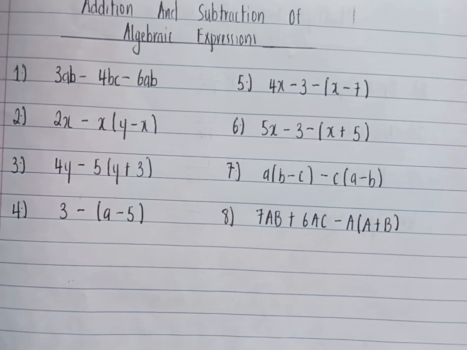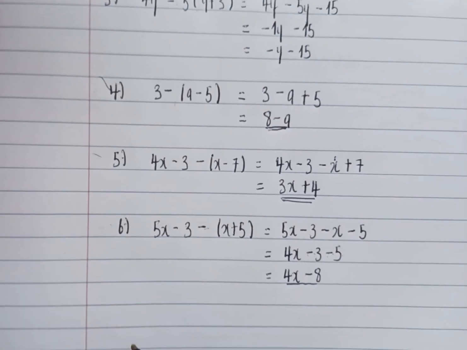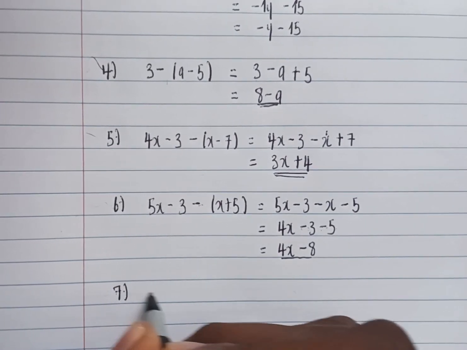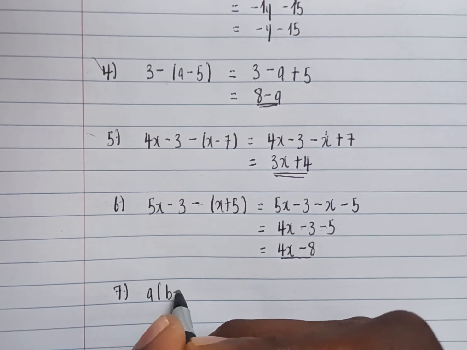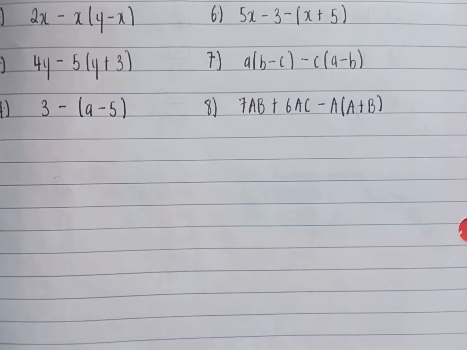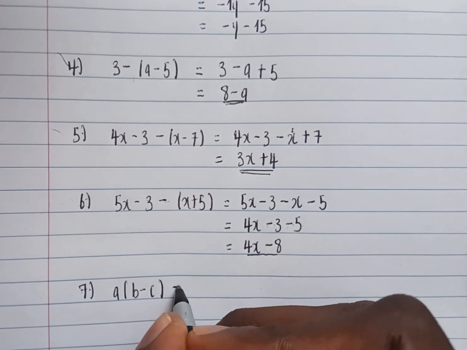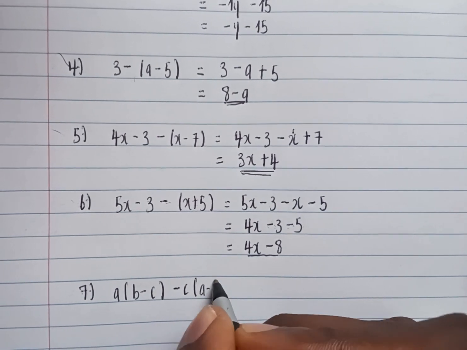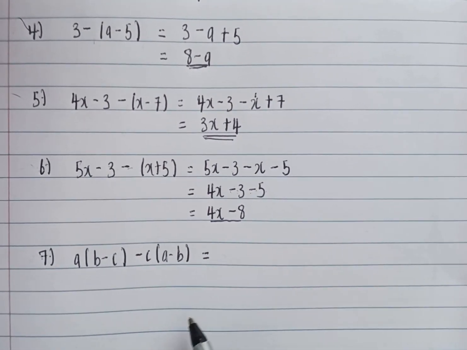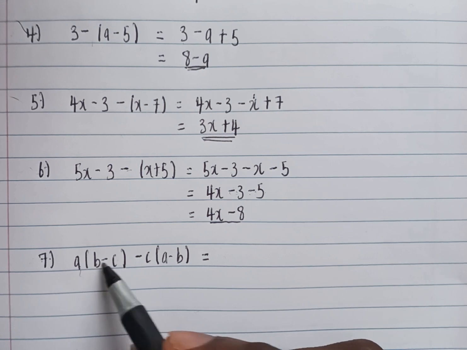Number 7: A times B minus C, minus C times A minus B. So this is equal to... I have a term and a bracket, so I'll multiply this term by each of the terms in the bracket.